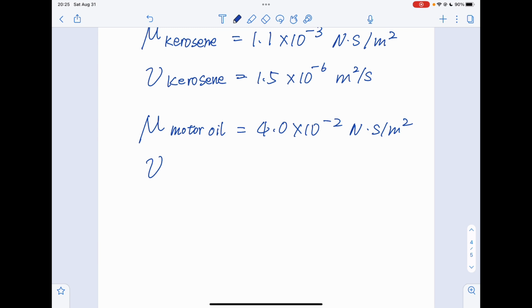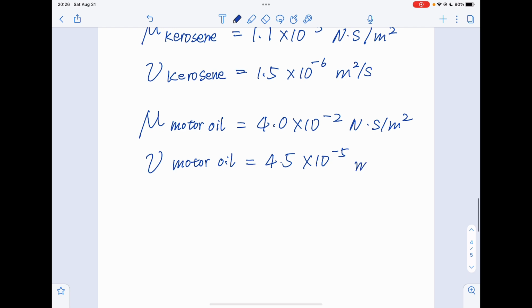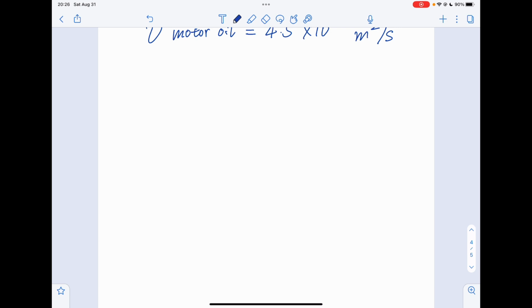And your kinematic viscosity for the motor oil is 4.5 times 10 to the negative 5 meter squared per second. And for water, for the dynamic viscosity, you will have 5.47 times 10 to the negative 4 newtons times second per meter squared.